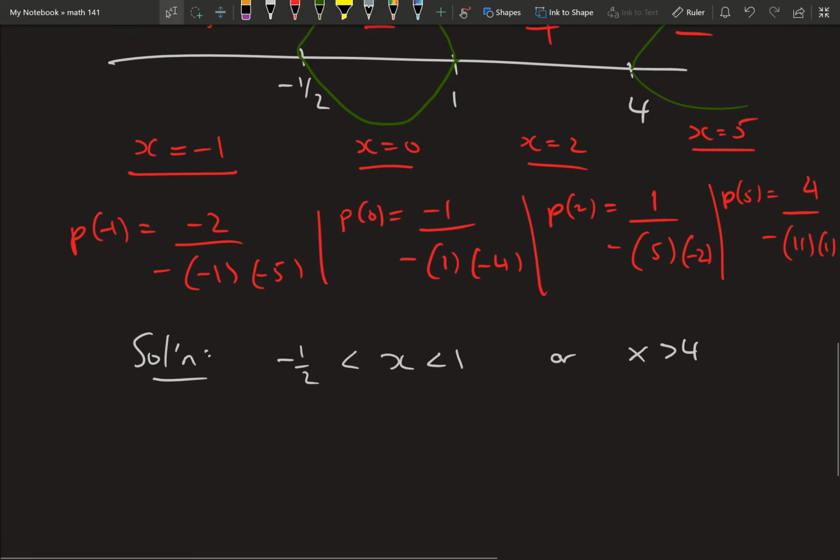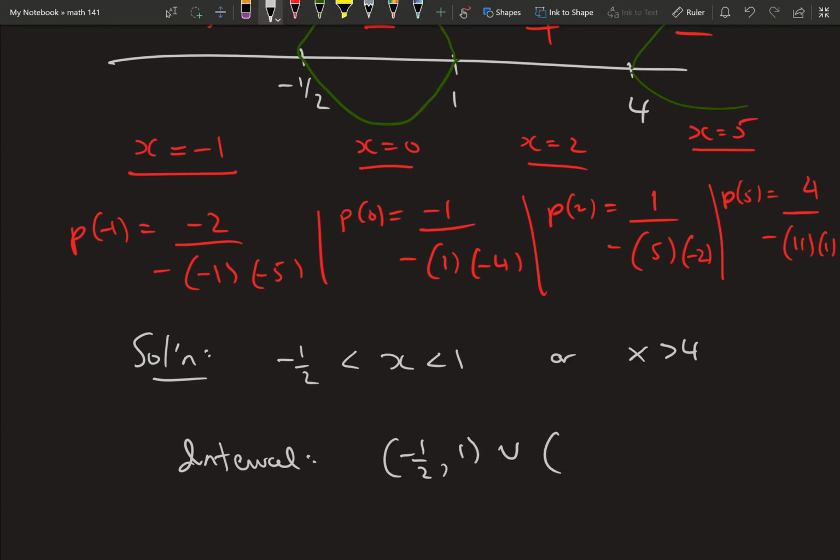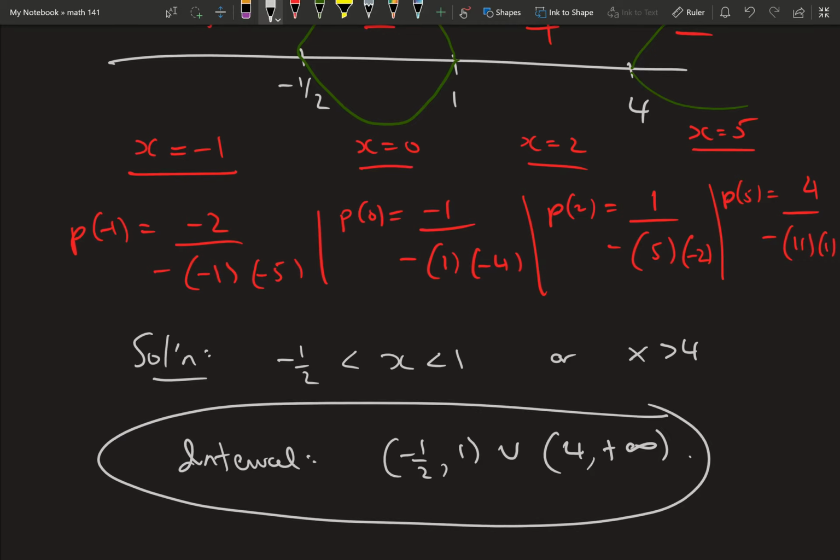So in interval notation, our solution is open interval -1/2 to 1, as well as everything beyond 4 strictly. So this is our solution.